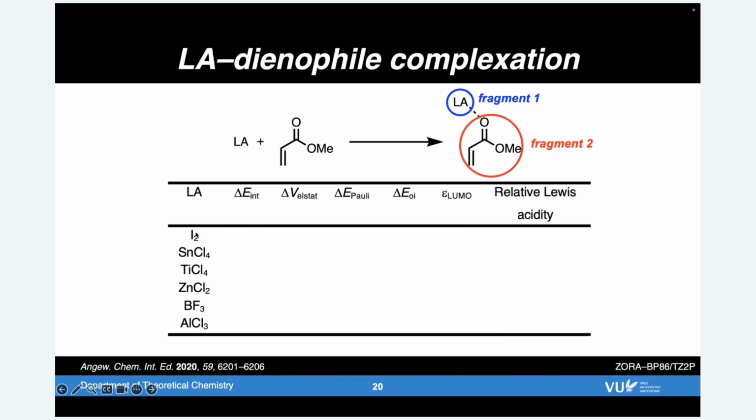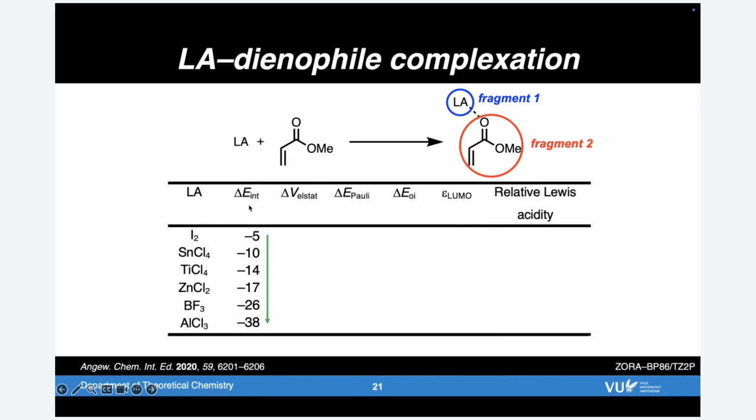And I've arranged the Lewis acids in order of their strength. And here you see the interaction energy. It's negative, so this complexation is stabilizing. And you see the number gets more and more stabilizing as we move from a weak Lewis acid to a strong Lewis acid.